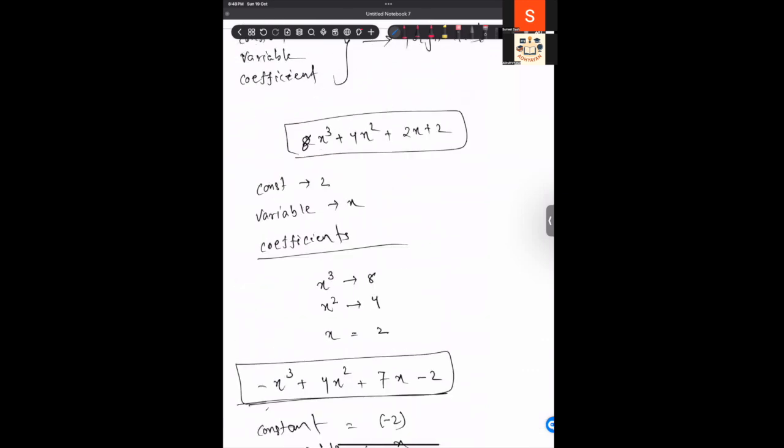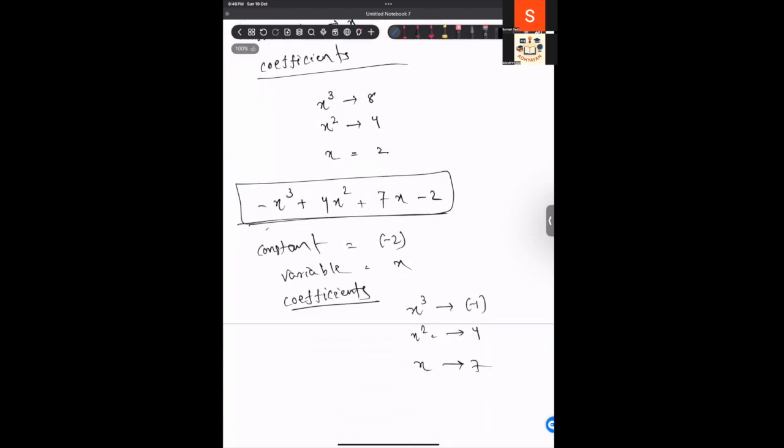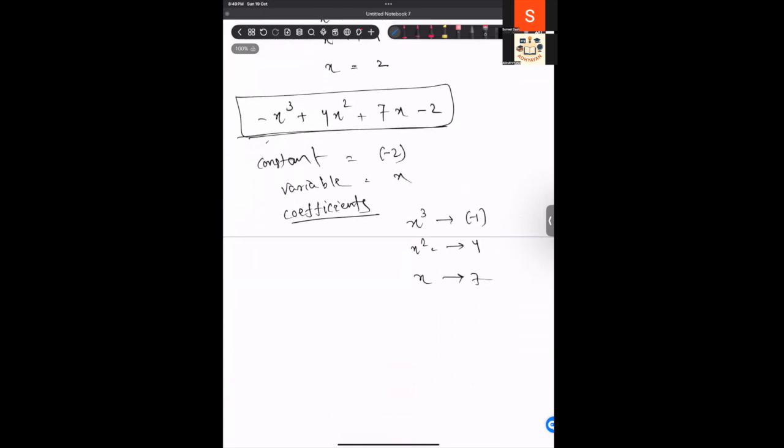The power of x is decreasing. I'm not taking the name right now because I will introduce the term shortly. It decreases as x cube, then x square, then x, and then no variable. And what is that decreasing relation called?